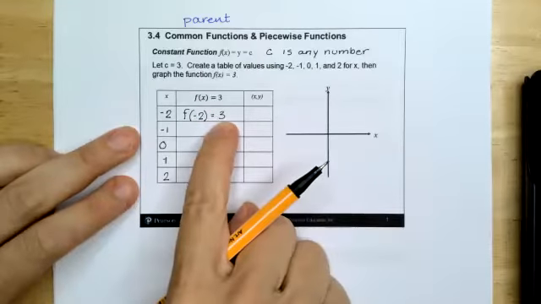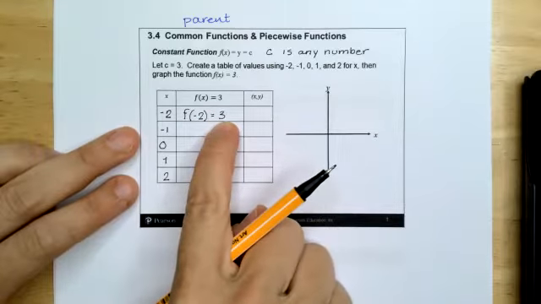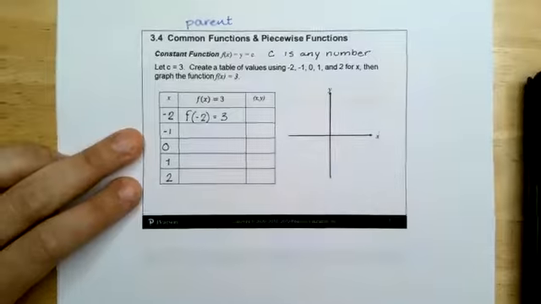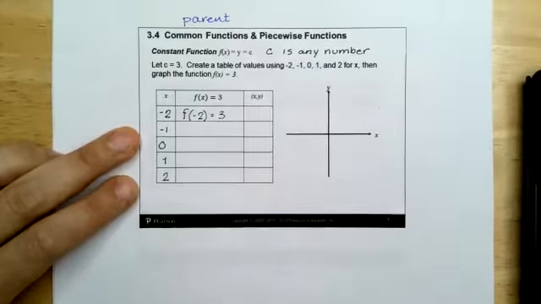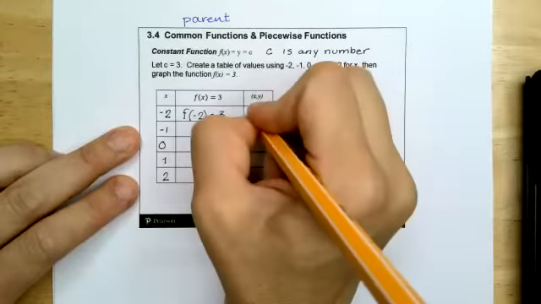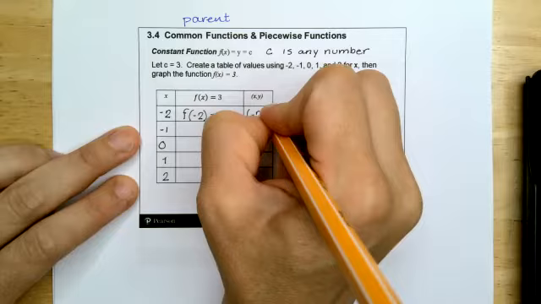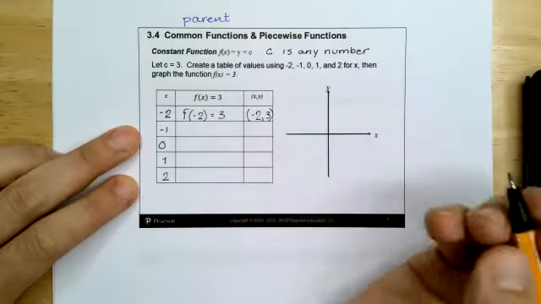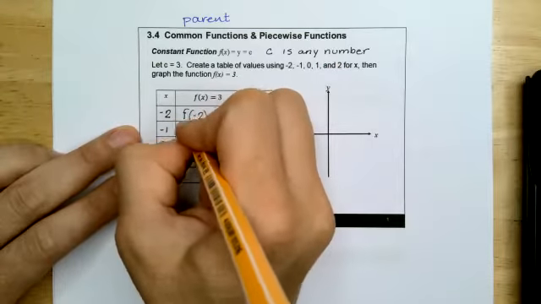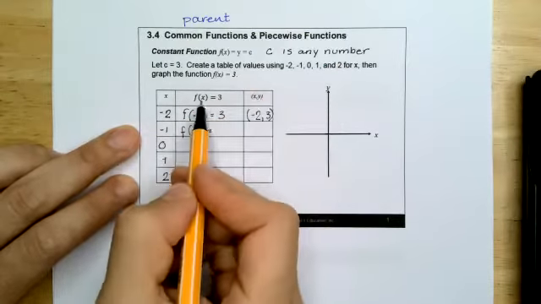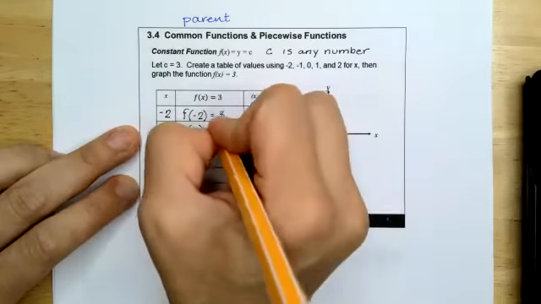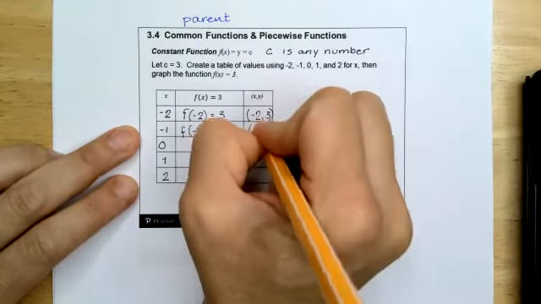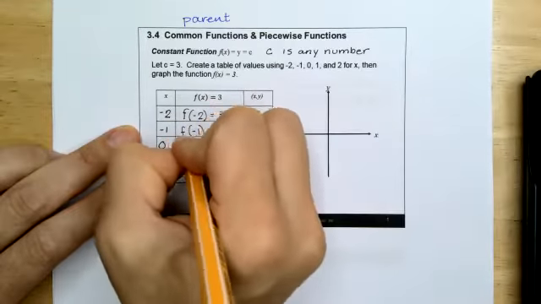If we put in -2 for x, nothing happens to 3, right? Because there's not even an x to replace with -2, right? It's just x is -2, y is +3. If I say x is -1, what does that change 3 to? 3 remains 3. So that's why it's called the constant.